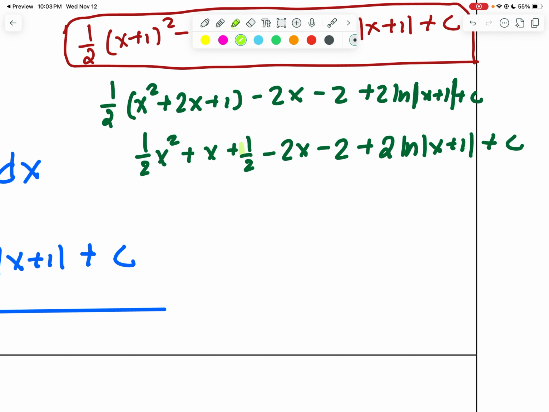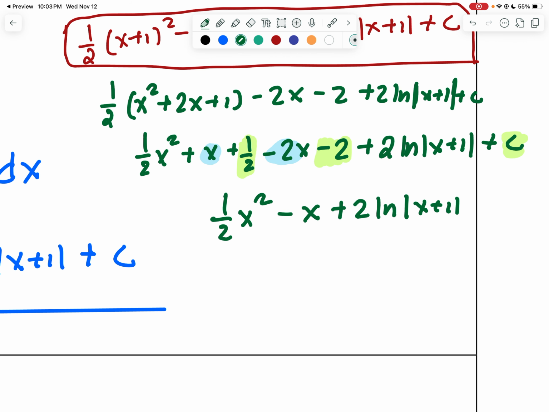In other words, this -2 gets absorbed with the plus c, so I don't need it anymore. And then this x and this -2x becomes a -x. So we have 1/2 x squared minus x plus 2 ln of x plus 1 plus c.